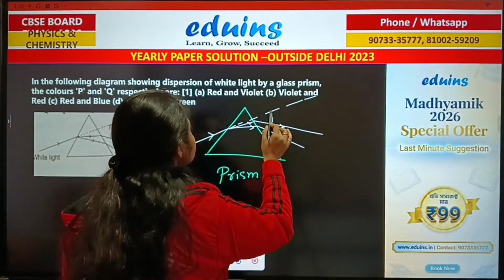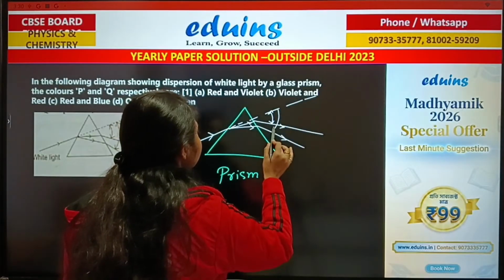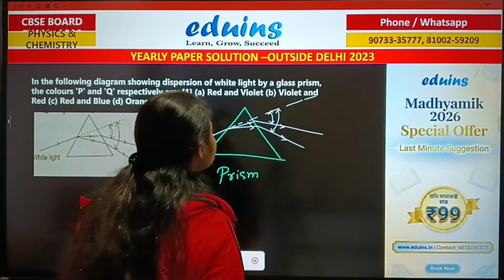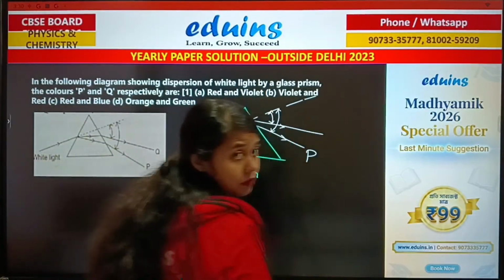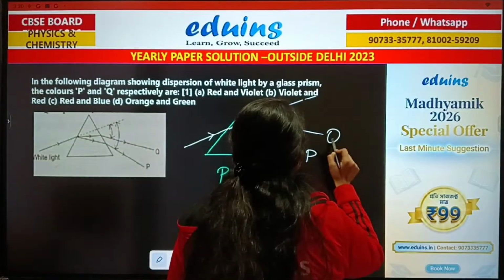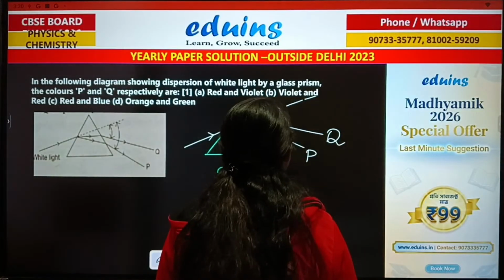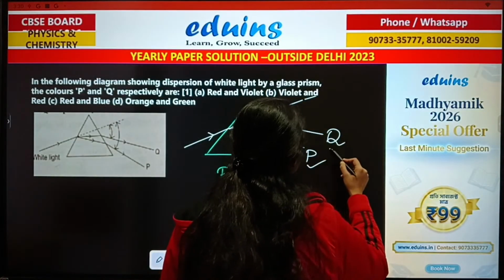This is the angle of deviation, and this ray is P and this ray is marked as Q. So what will be the colors of P and Q?